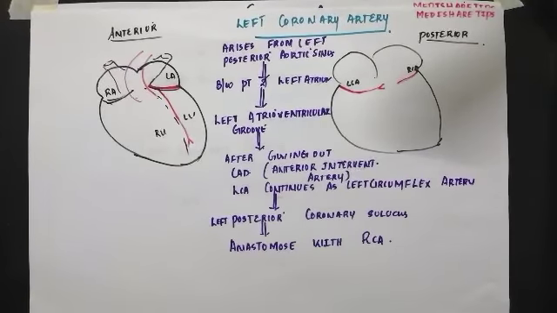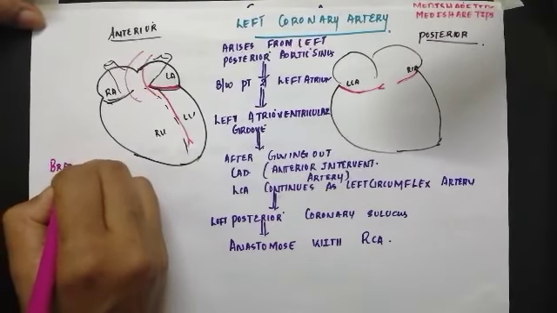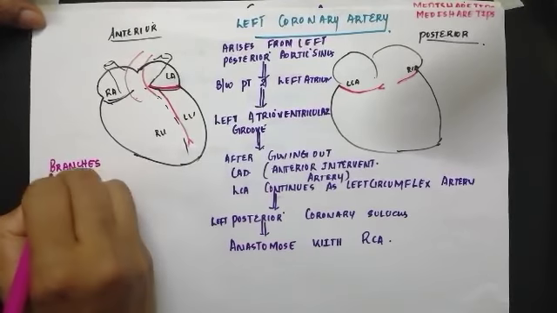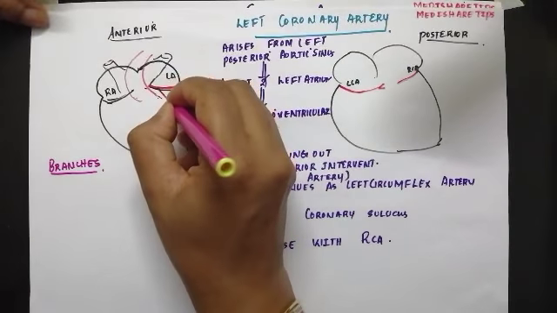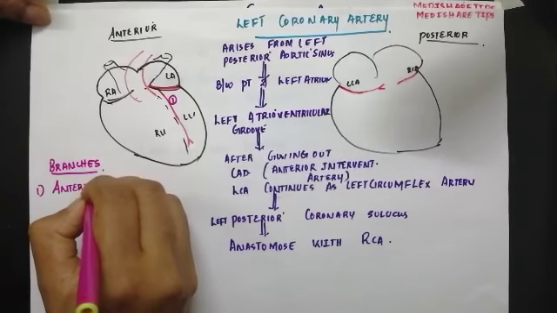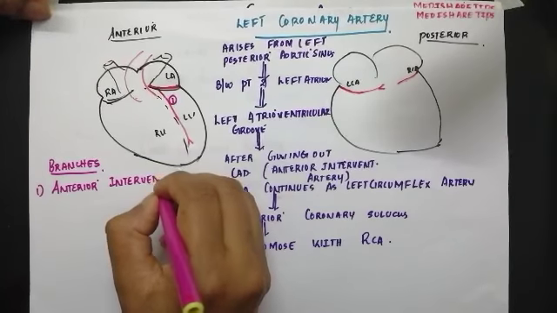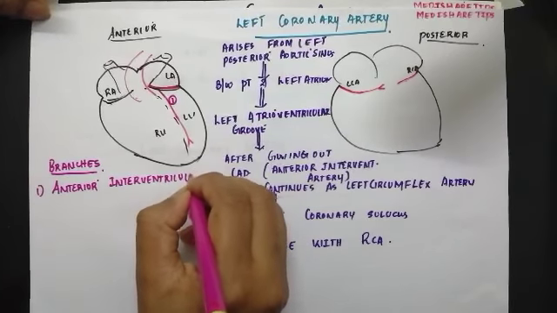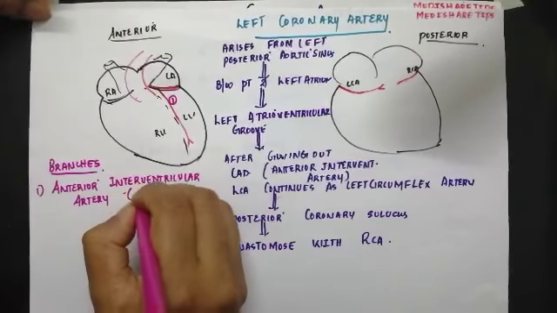And what are the branches here? You can see that one of the main branches is the left anterior descending branch, labeled as 1, that is also called the anterior interventricular branch, or anterior interventricular artery or left anterior descending artery.